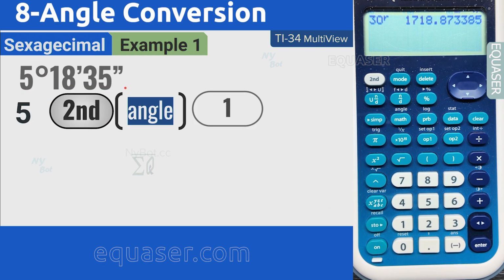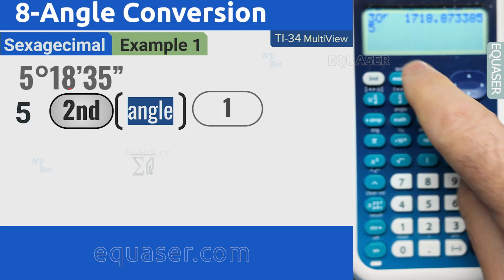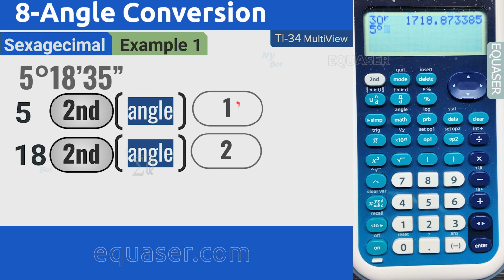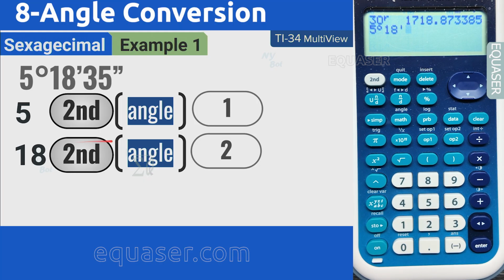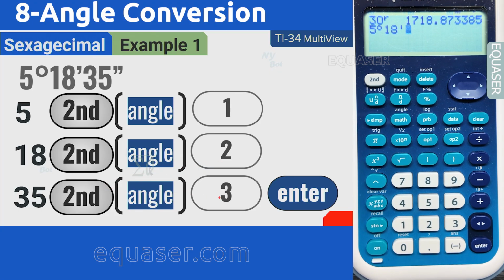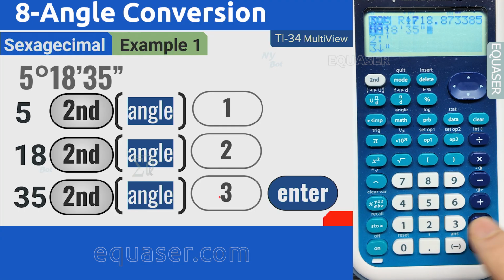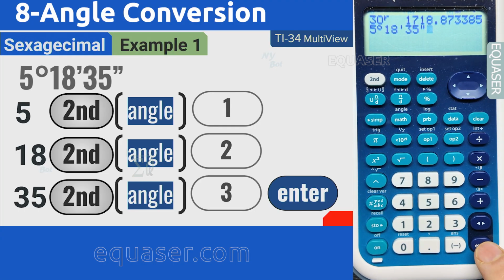Now, to convert this to decimal, we can type 5, second function angle, degree, that's the first one, and then 18, second function math, and 2 is minute, and then 3 is degree, 35, second function math, and 3 is the second. So press equal. We have converted it to a decimal value.